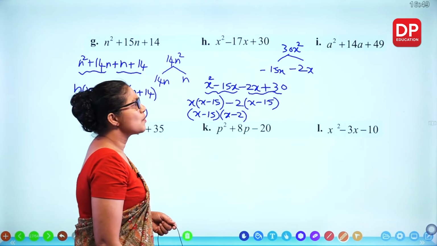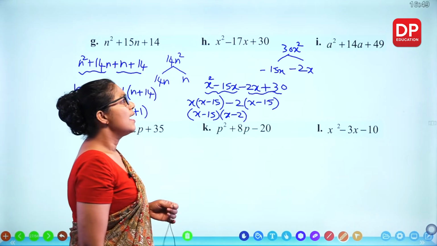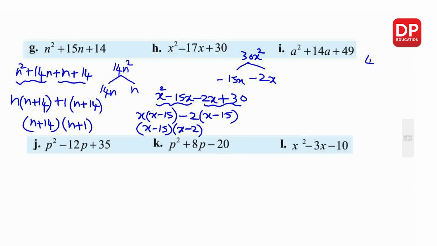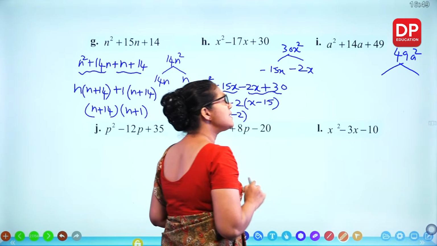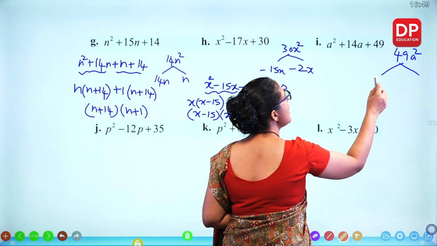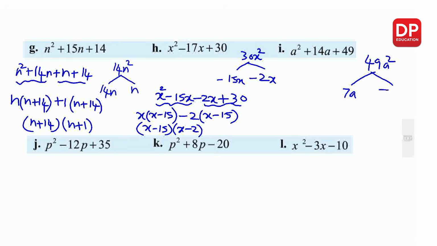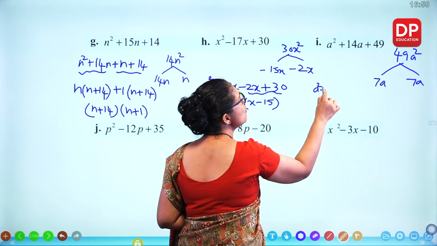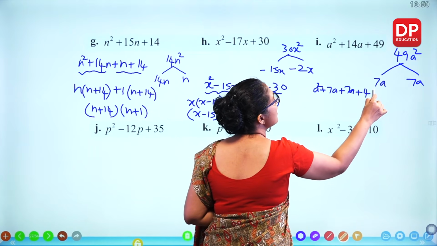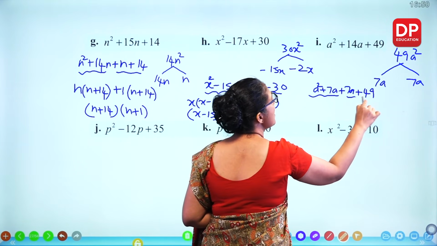Now look at the next one, 49, and the middle term is 14. So this should be positive. Why? The middle term is positive. So what are the factors of 49? We can say 7a and 7a. So split the middle term to 7a and 7a and take 2 at a time.